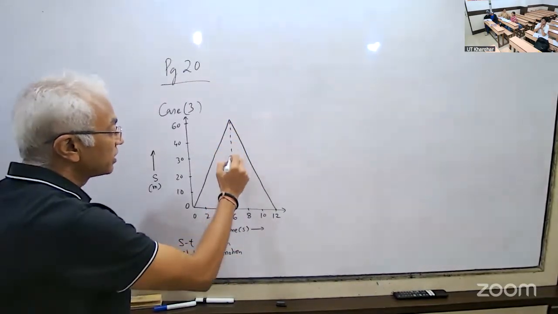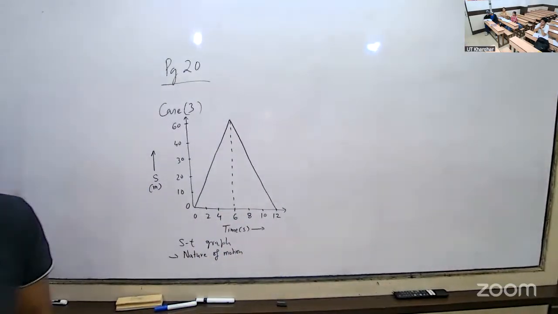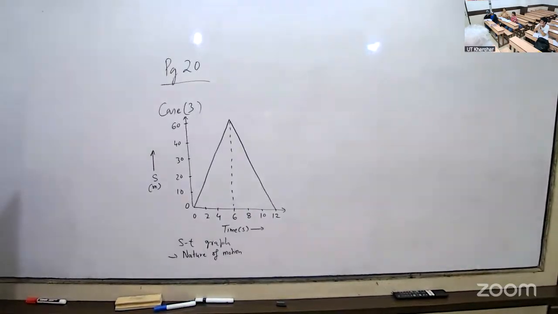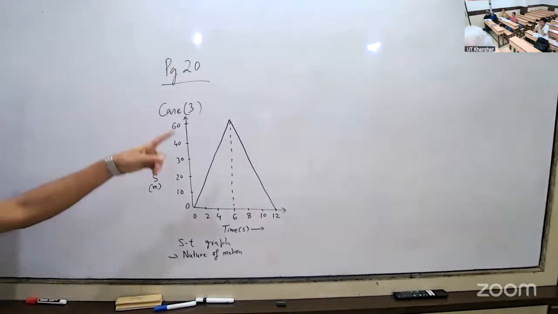You can see that the graph has one type of motion till 6 seconds. So what is the nature of motion? Is it a straight line graph?